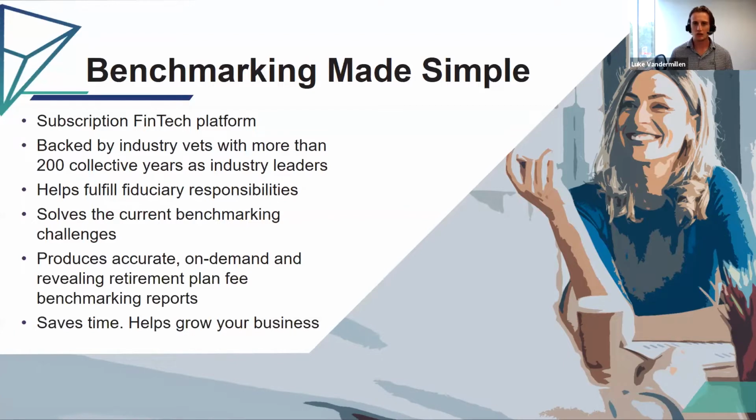If you talk to any ERISA attorney or even an industry expert, they'll all come to you with the same sentiment: an advisor's job is to determine the reasonableness of fees that a retirement plan is paying. Now, the tricky part of that is that the ERISA code does not define what reasonable is. And so that's up to the plan sponsor and the advisor to determine what's reasonable.